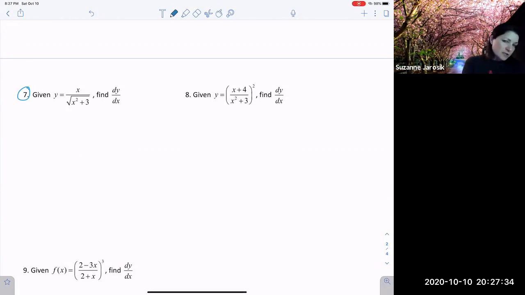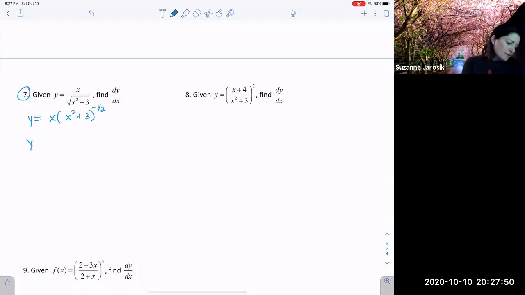Okay, so we need to do a rewrite on 7. So y is equal to x times x squared plus 3 to the negative 1/2. Okay.